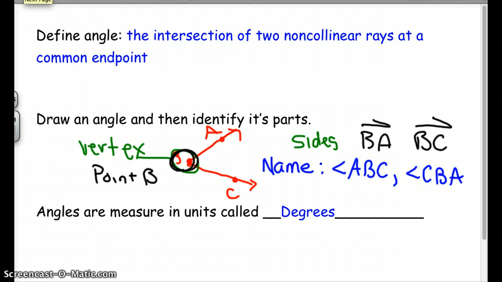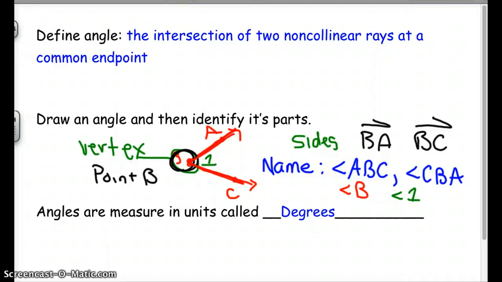If you have one angle, in this example I have one angle, so I could just call it angle B. And then sometimes you might have a number inside of that angle, and so I just wrote a 1 inside there. I could call it angle 1. Now the vertex B can only be used if you have one angle, which is all I have right now in angle ABC.